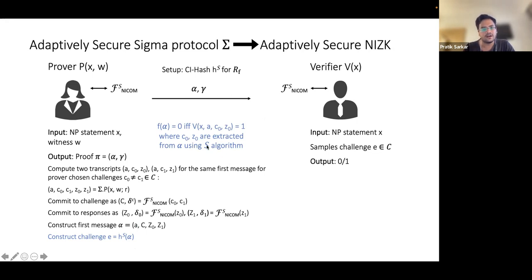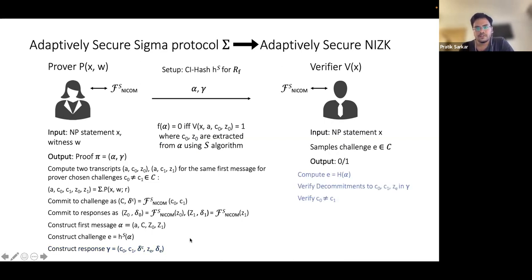So as you can see, this S algorithm is inside the CI hash. And now you construct the challenge, and finally the prover can compute the response by decommitting to the challenges C0 and C1, and also to the response Z_E corresponding to the bit E and the decommitment to delta E. Now it sends.